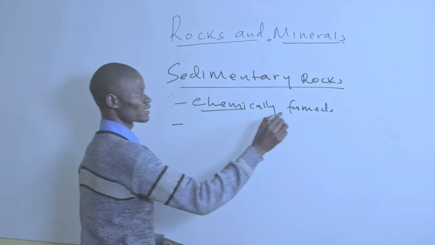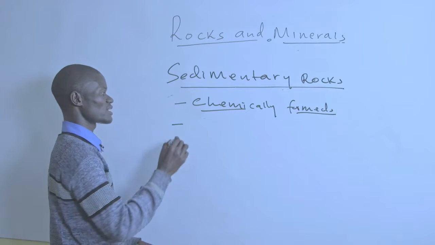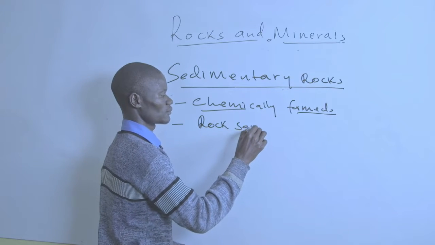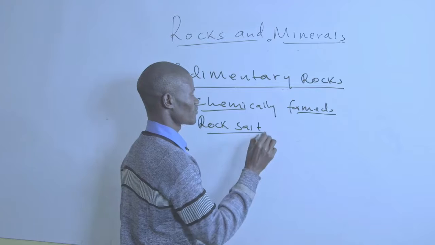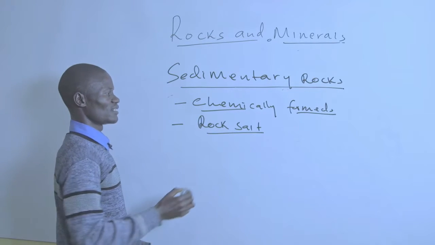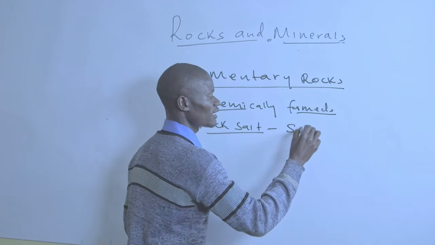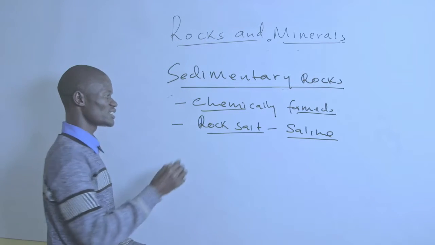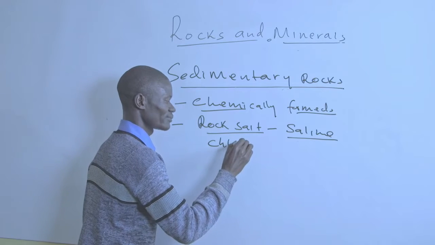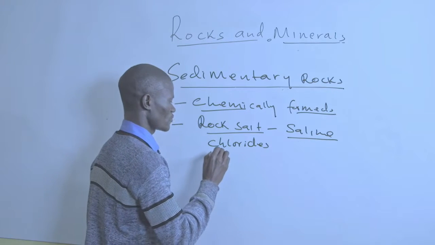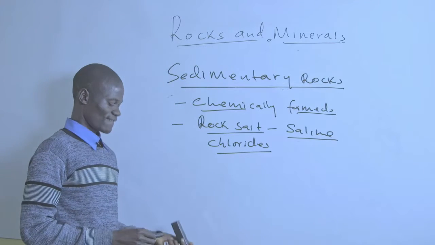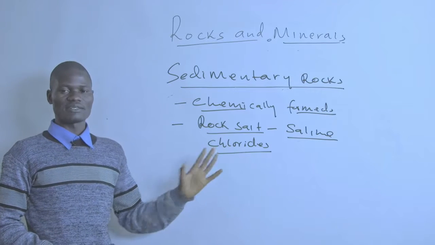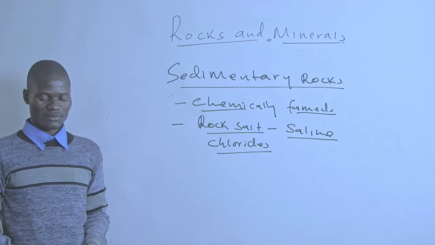These types of rocks, for example, the rock salt, contain the saline, which is a chemical content, or the chlorides. They give it a characteristic of being chemically formed sedimentary rocks.